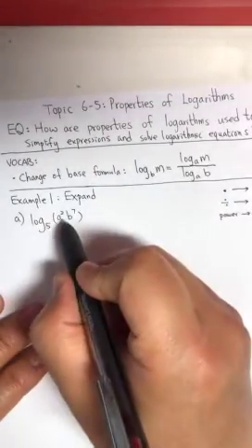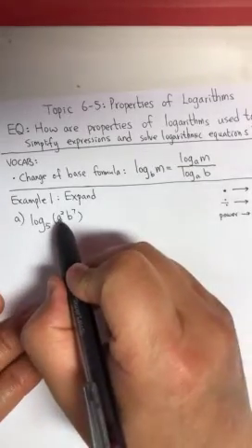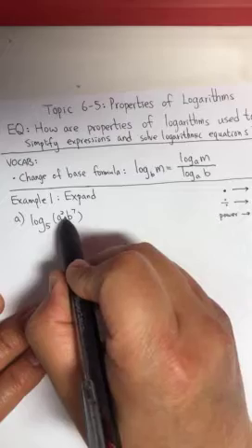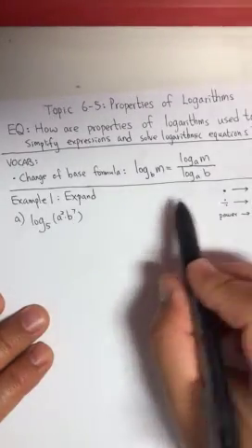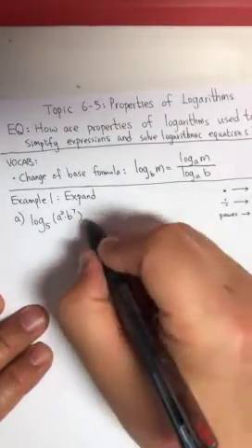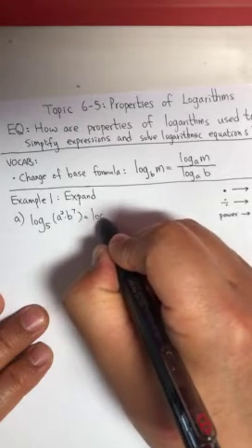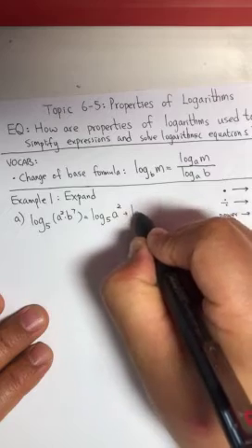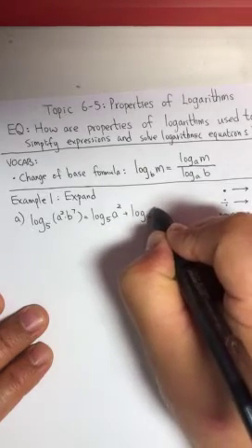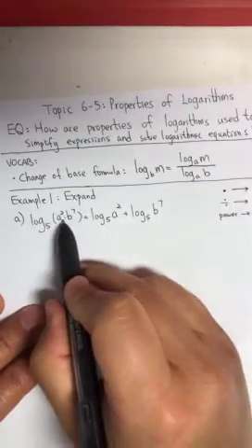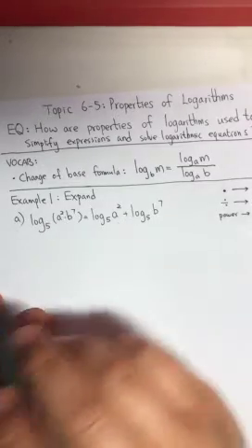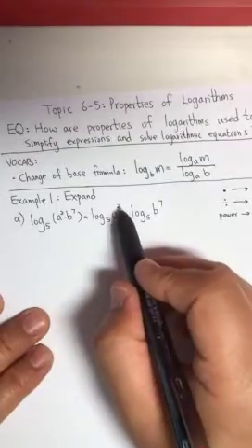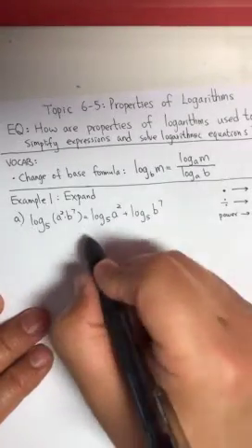So what do you see here? Do you see that a squared times b to the 7th power? So do you see that's a multiplication? So what do I do here? I'm going to expand it, make it more than one term here. Multiplications, think of additions. And then do you see the power? We don't stop here.